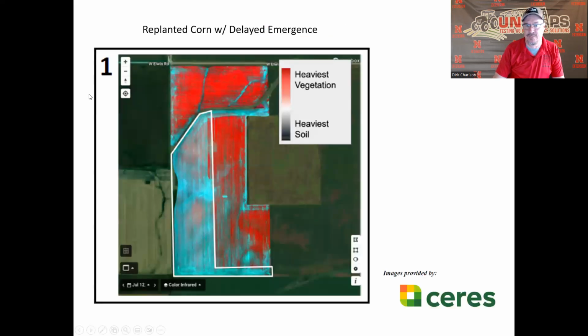So looking at these maps, first one, map number 1, the answer was replanted corn with delayed emergence. When we look at this imagery, the red indicates vegetation and the blue is showing less vegetation than the areas around it.